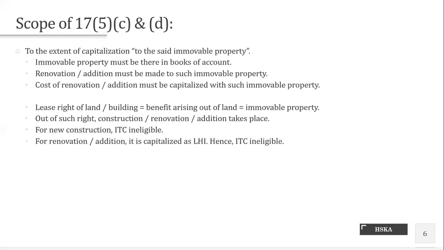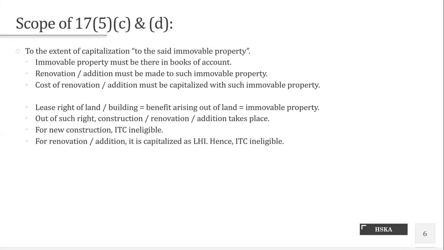So here is the confusion that I have. In the case of leasehold improvements, if we circle down to the point that immovable property includes only tangible buildings, say I take an office space on rent and do the internal partitions. All of these are movable: the workstations, the partitions, everything.